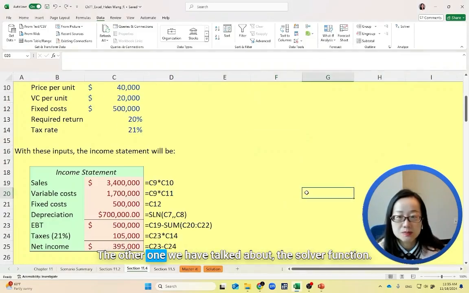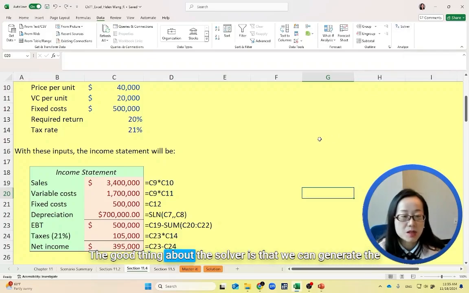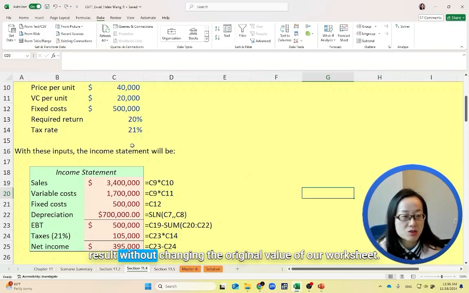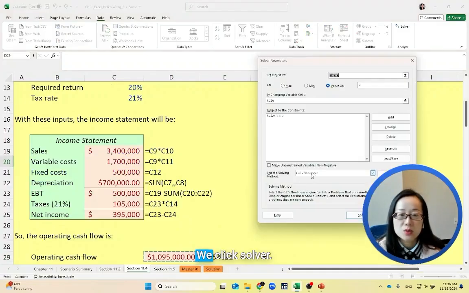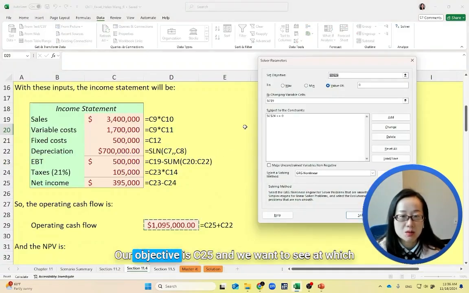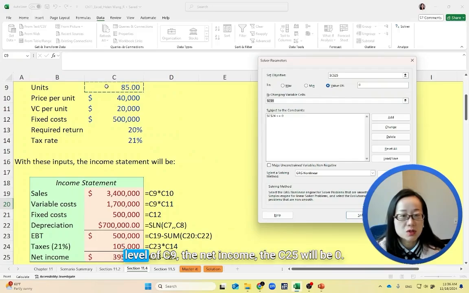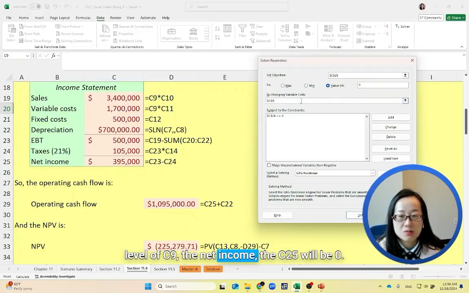The other one we have talked about is the solver function. The good thing about the solver is that we can generate the result without changing the original value of our worksheet. We click solver, our objective is C25, and we want to see at which level of C9 the net income, the C25, will be 0.